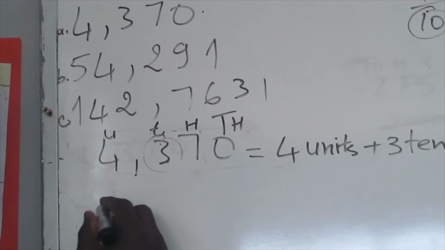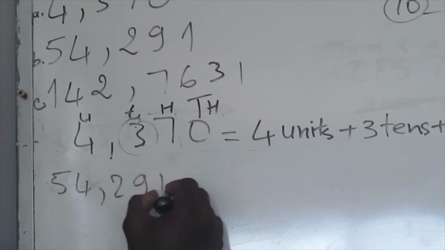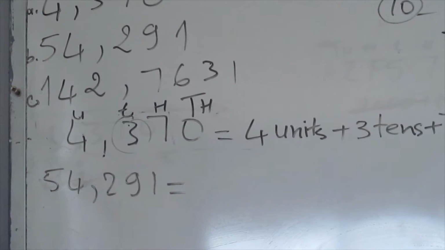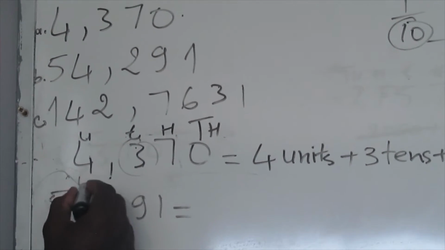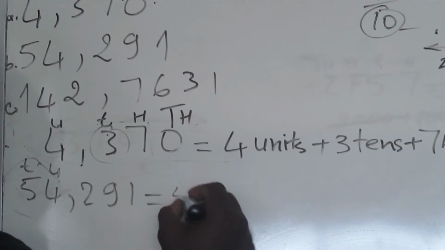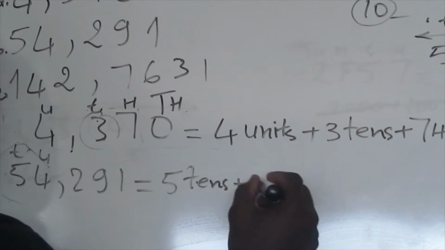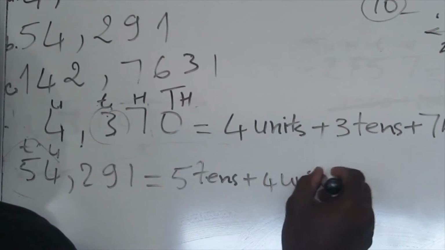Let us take the second example. We have 54,291. Here we do the same thing with the whole number first. We have units and tens. So we say now we have 5 tens plus 4 units.